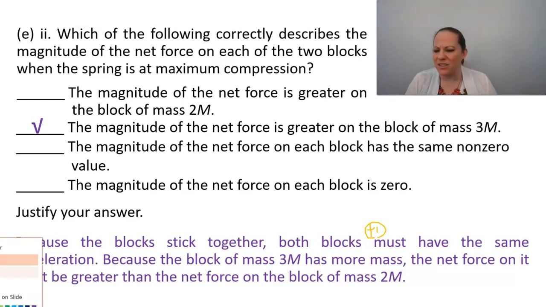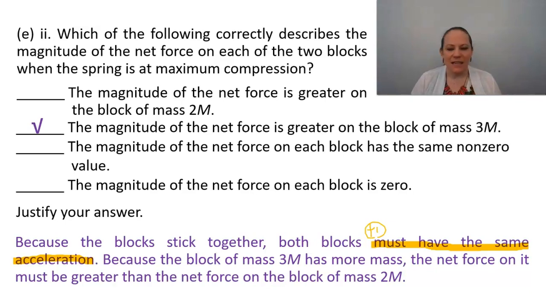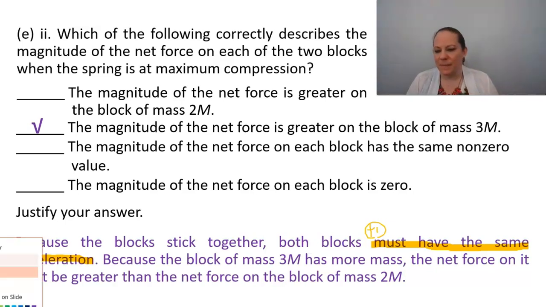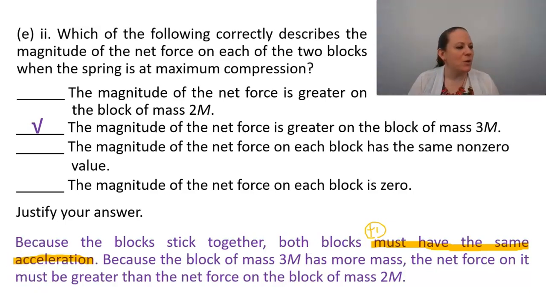I'm just going to highlight that to make it a little bit easier. So your first point is indicating that the blocks have the same acceleration. And then your second point is going to come from the correct justification for why the net force is greater on the block of mass 3m.